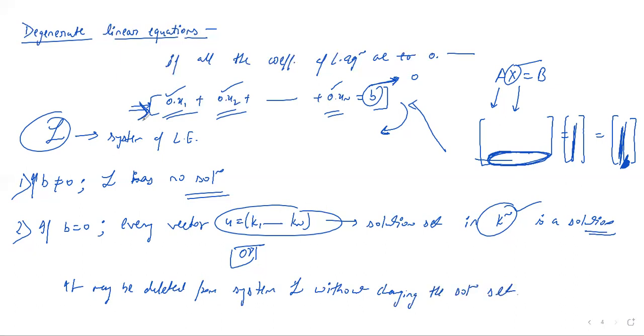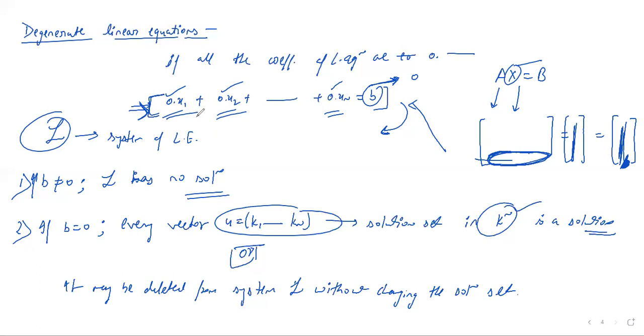This equation doesn't have any effect on the solution set, and we can just delete it from our system of linear equations. So this is what degenerate linear equations are.